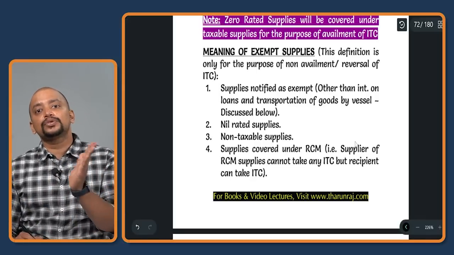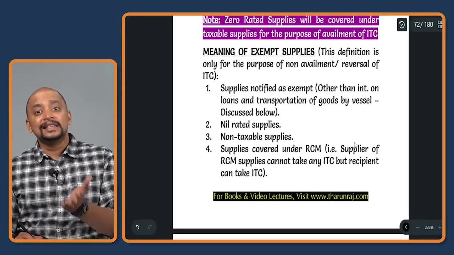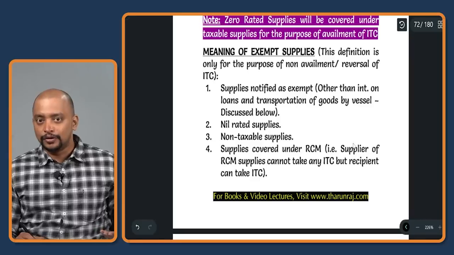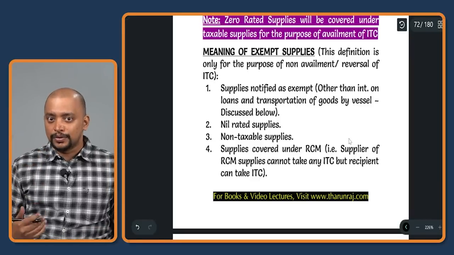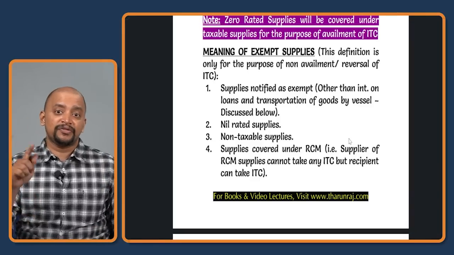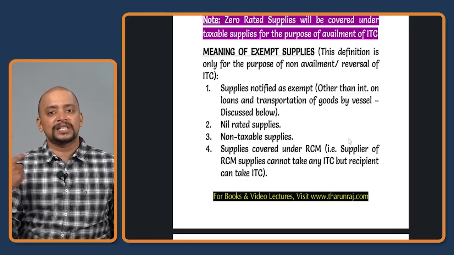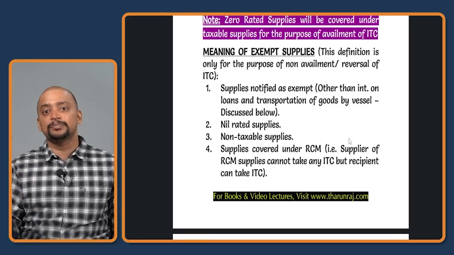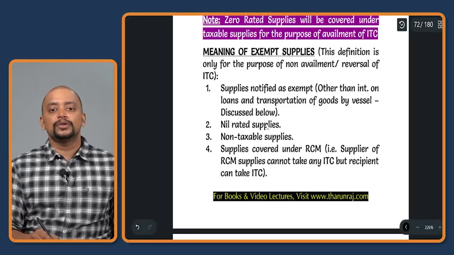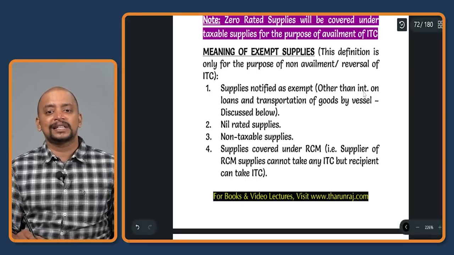Thereafter it is taxable. So up to 2022 it is exempted for payment of GST, but for ITC purpose it will be treated as taxable. In the same way, interest on loans, advances, deposits is exempted, but for ITC purpose it will be treated as taxable. So, supplies notified as exempted other than these two.